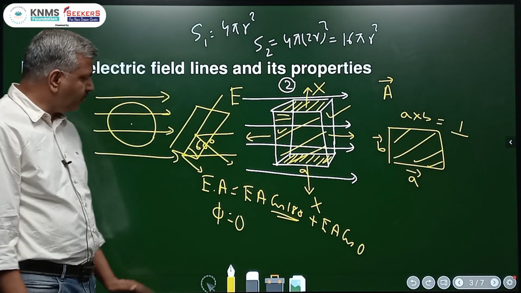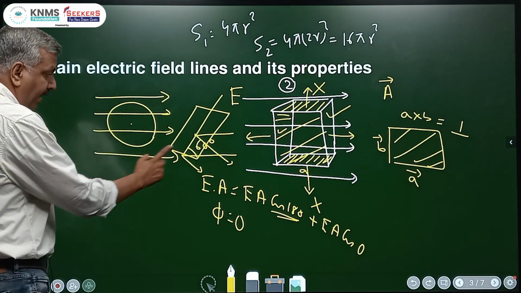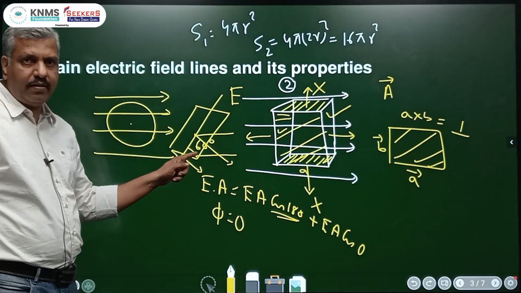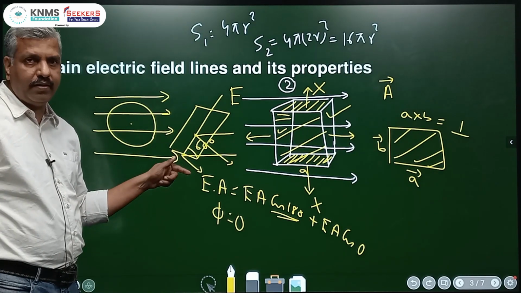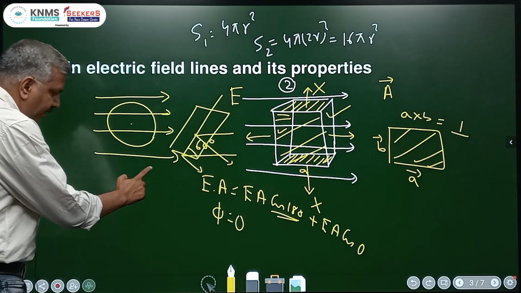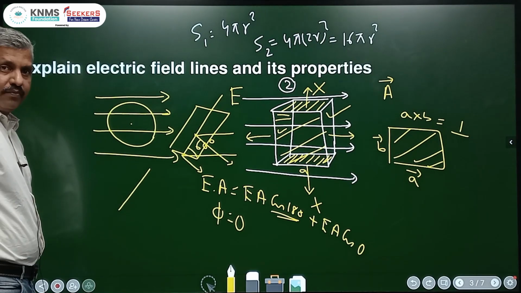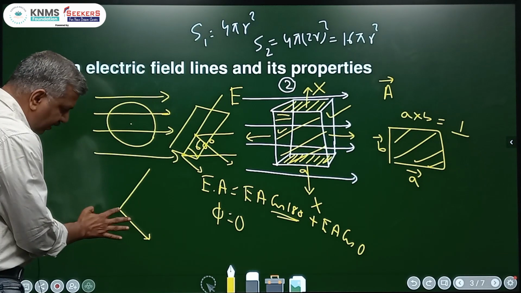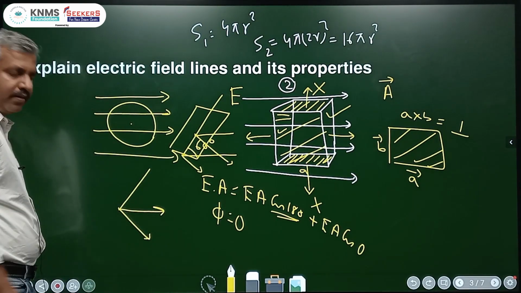So if it is 30 degrees to the given surface, the angle between the area vector and the electric field vector will not be 60, but it will be 30. I hope you are able to understand. This is the plane of the area. This is the perpendicular, so this is the area vector, and we are talking about the electric field.